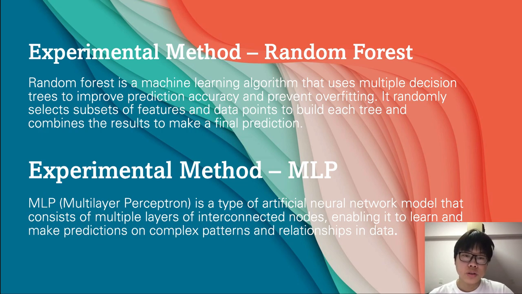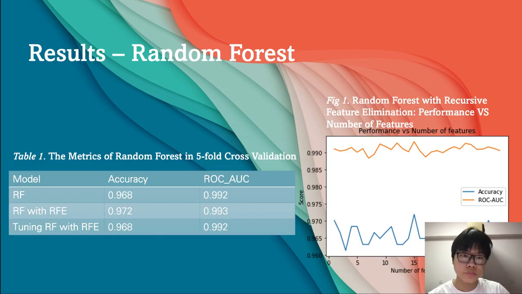The second prediction method is MLP. MLP is a type of artificial neural network model that consists of multiple layers of interconnected nodes, enabling it to learn and make predictions on complex patterns and relations in data.